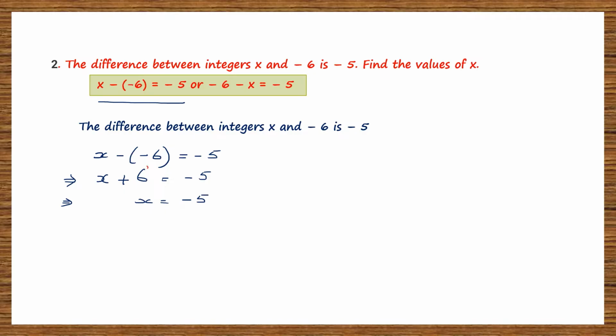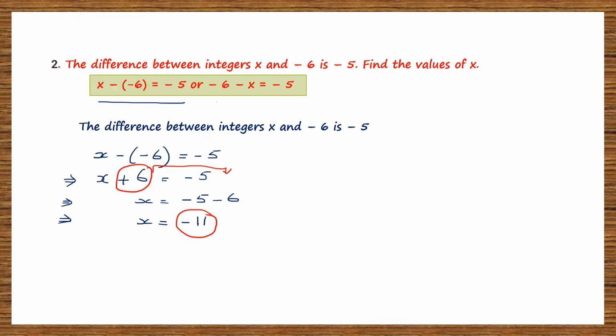Now we're going to transpose this plus 6 to the right hand side. It will become minus 6. So it is minus 6. So now x is equal to, minus and minus signs are the same. So put the same sign and add 5 plus 6 is 11. So we've got one answer, x is equal to minus 11 if we put x first.